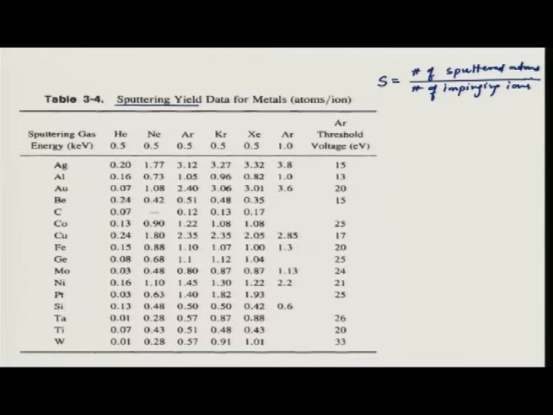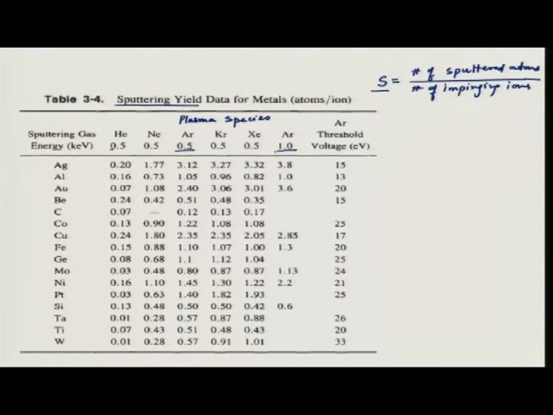This table here gives an idea of different sputtering yields for different metals under different plasma gases. So, these are my plasma gas or sputtering gas, and these are my metals, the targets of which we make our cathode, and these are at different energies, and a comparison between argon at higher energy and at 0.5 kilo electron volt.